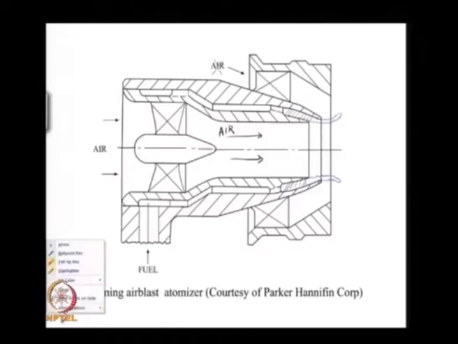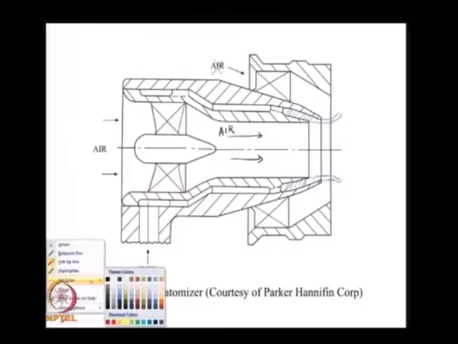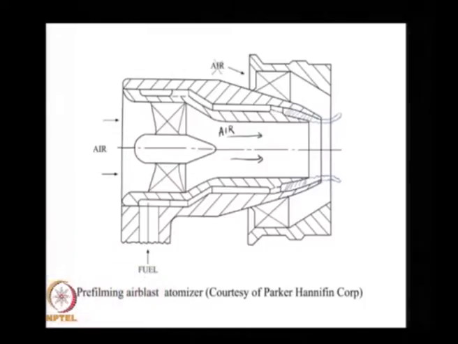So, right away I know that one of the indicators of drop size is going to be this thickness T, that is called the pre-filmer liquid thickness.